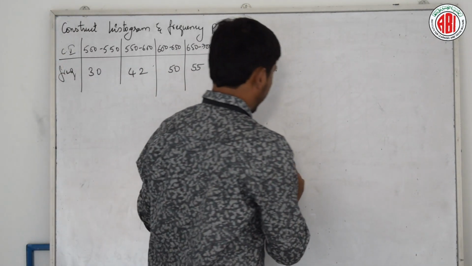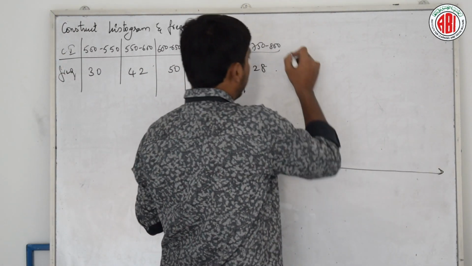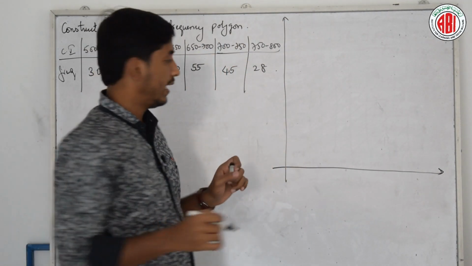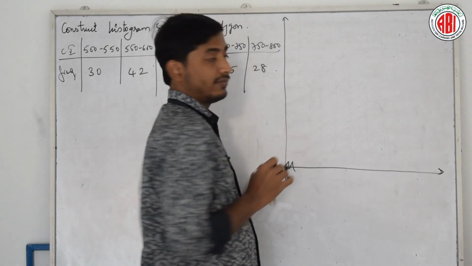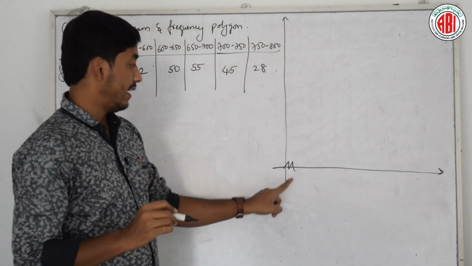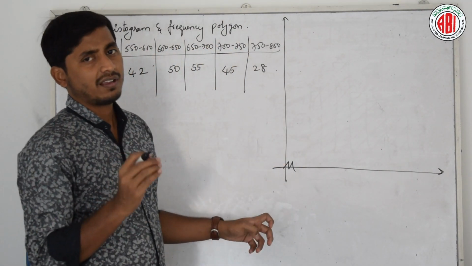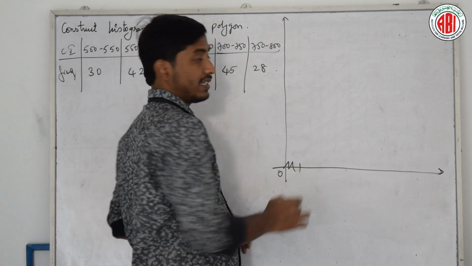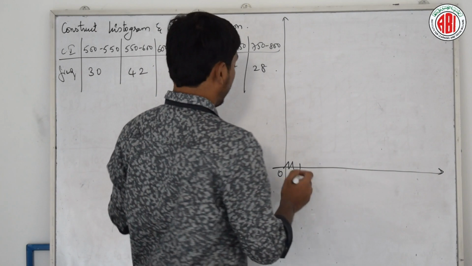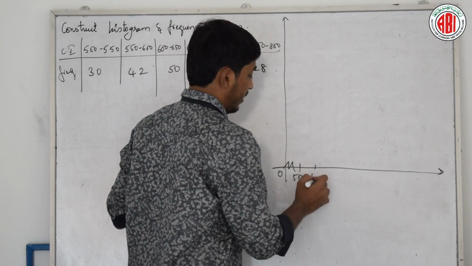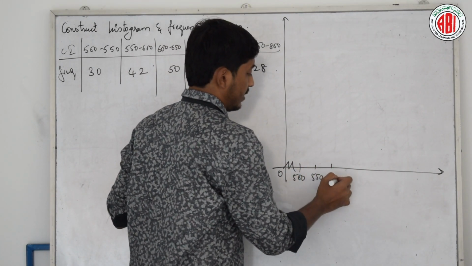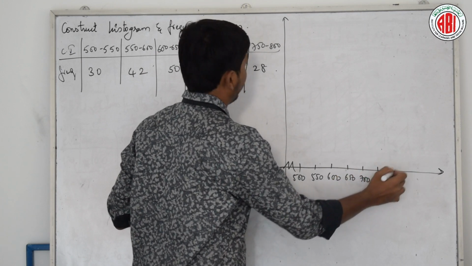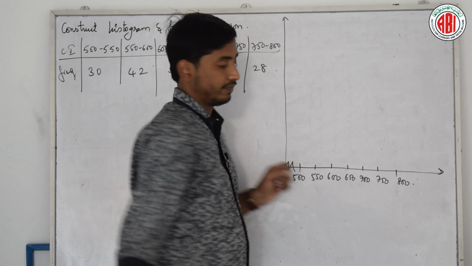Again same: what does this break indicate? There are many numbers between 0 and the first number. What is our first number? 500, 550, 600, 650, 700, 750, 800.